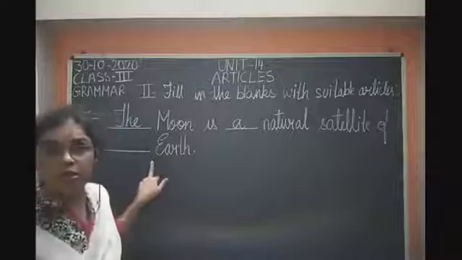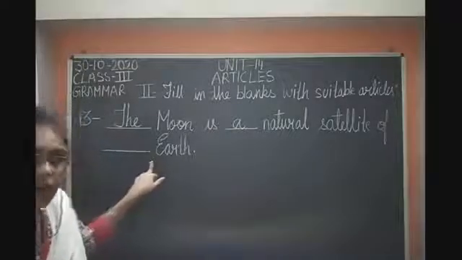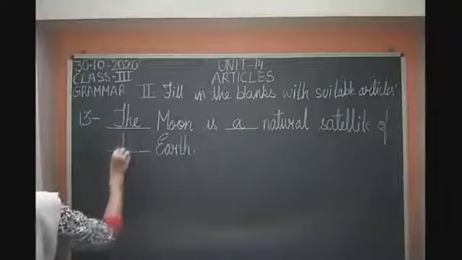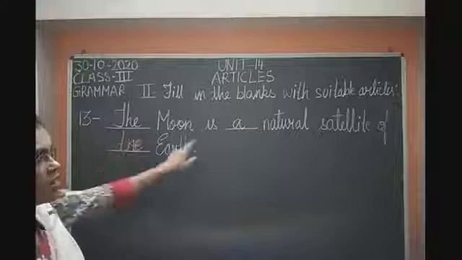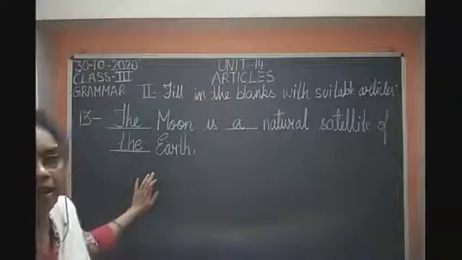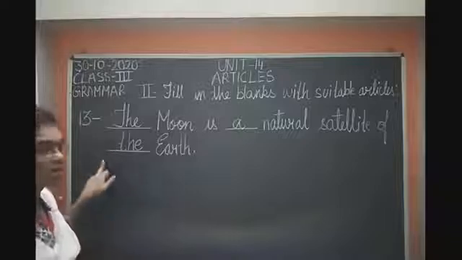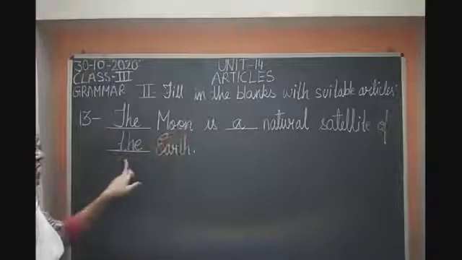Earth is again unique. अर्थ भी यूनिक चीज है. अर्थ जैसा कोई दूसरा प्लैनेट तो है ही नहीं. So we again use the definite article the. The moon is a natural satellite of the earth. Fine. तो 13 क्या हो गया? The moon is a natural satellite of the earth.